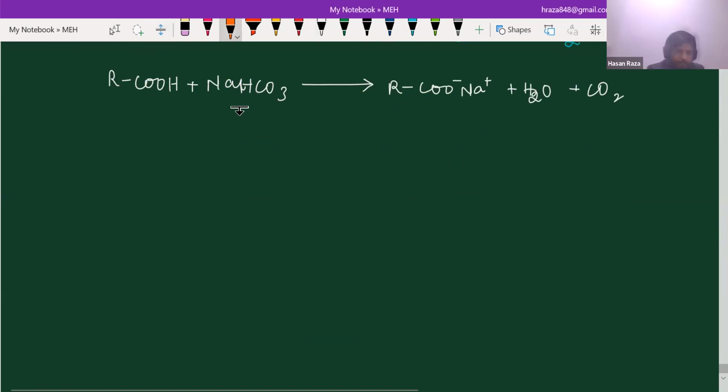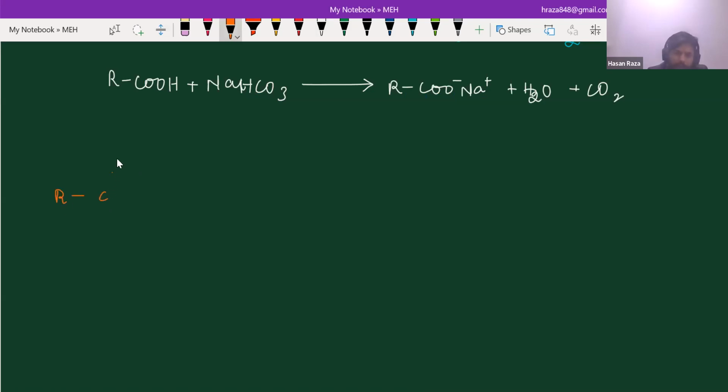Now see, I'm going to show you a resonating structure of this carboxylic acid, how it stabilizes itself with the help of resonance. If you react this with H2O, then what will form? This will give H plus and it will form H3O positive along with the formation of RCOO negative.